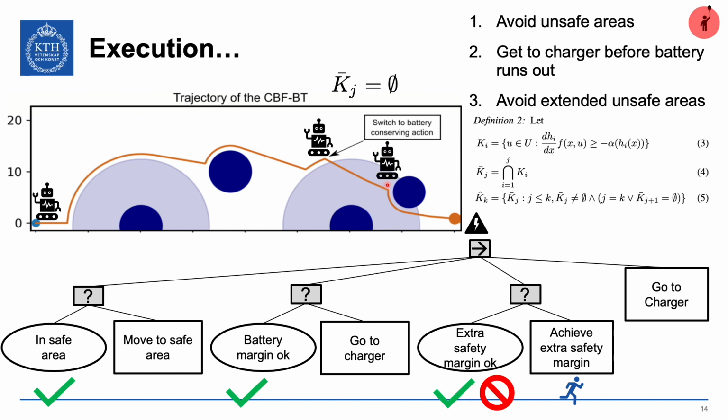Then we come to this place where we can no longer achieve both of these anymore, because this is the most important one, and it's going to force us to go down. Since the battery margin was really on the verge here, we need to sacrifice that as well. So we do that, and then we're running go to charger while satisfying in safe area, and that is going to bring us all the way to the goal.